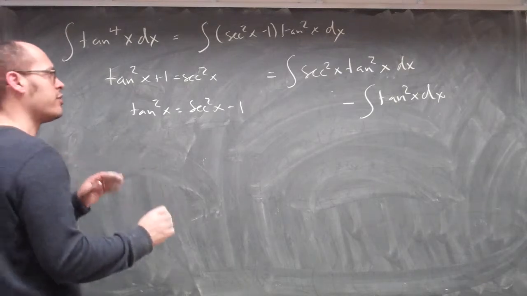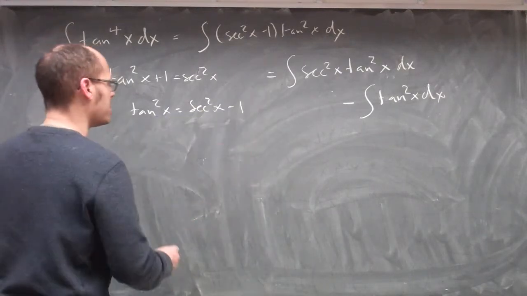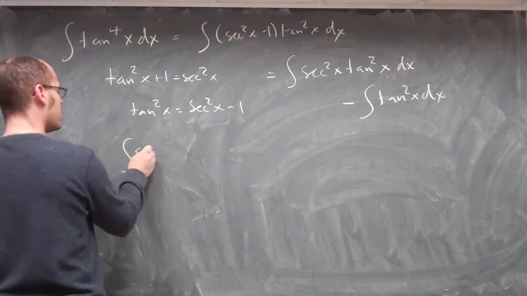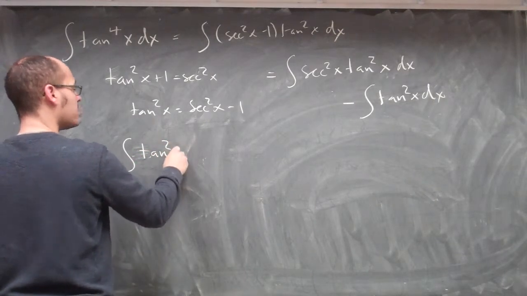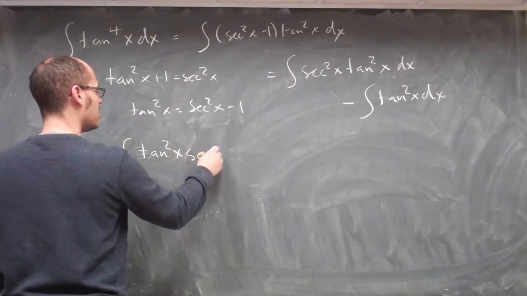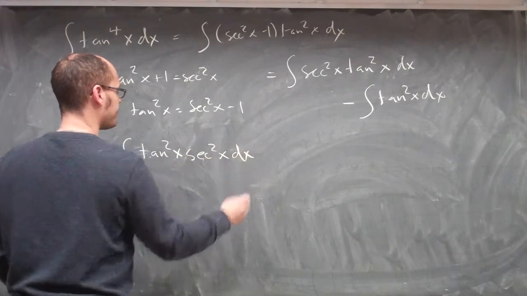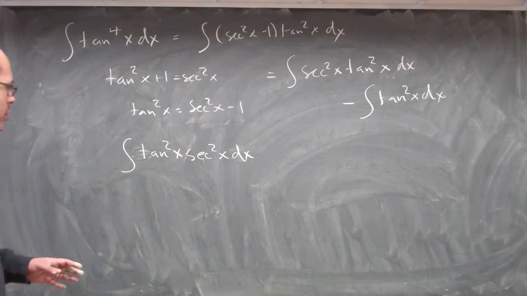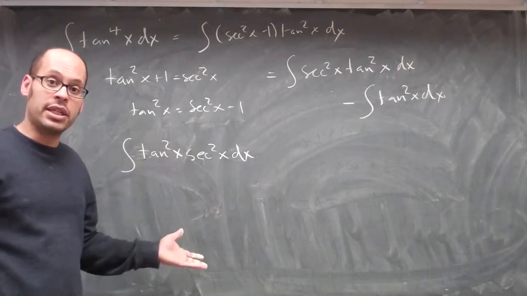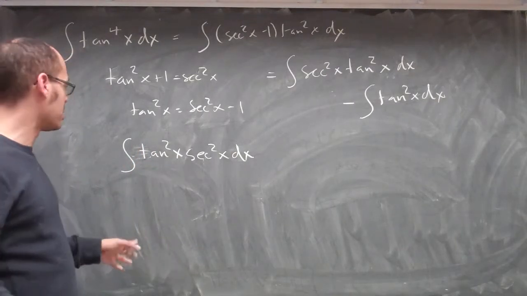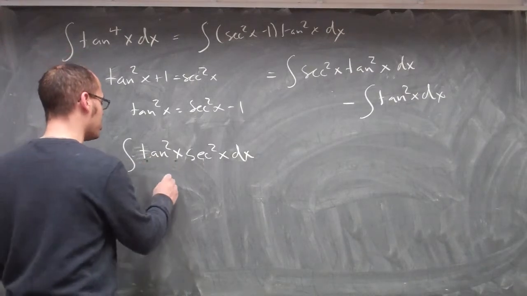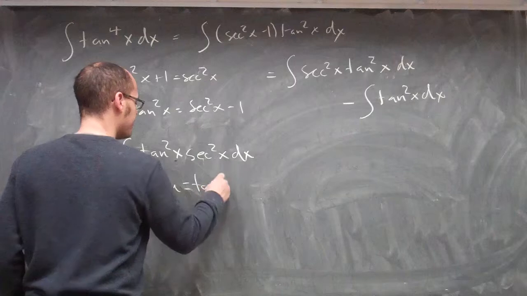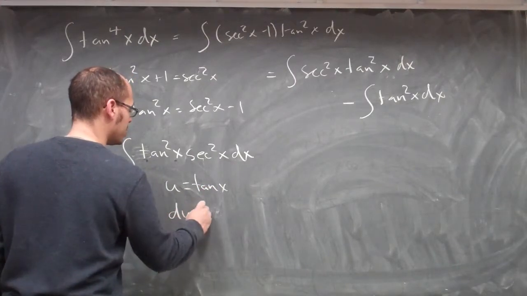Now, we just did the tangent squared. So let's put that aside for a moment and concentrate on this first part, which is the new part. So we're looking at the integral, let me write it in reverse, of tan squared x secant squared x dx. Okay, how to approach this one? Well, the point is that secant squared is the derivative of tangent. So if I call u the tangent, then du is going to be the secant squared.